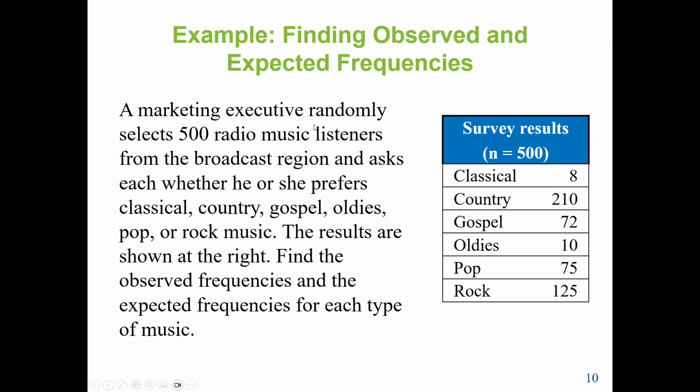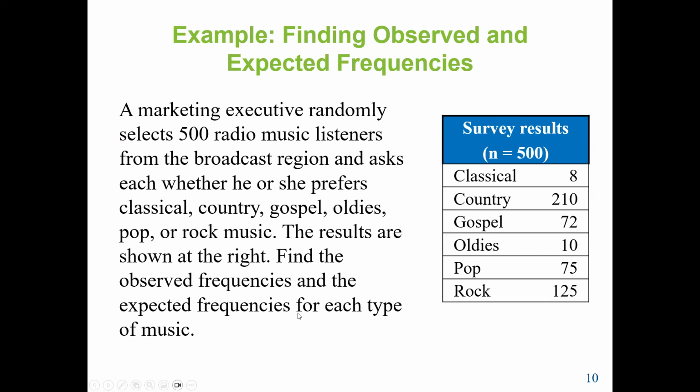The marketing executive randomly selects 500 radio music listeners from the broadcast region and asks each whether he or she prefers classical, country, gospel, oldies, pop, or rock. Remember, we have a claim already for the percentage for each of these 6 categories of music. Now we are going to test it. So we collect a sample of 500 listeners, and the results are shown on the right side.